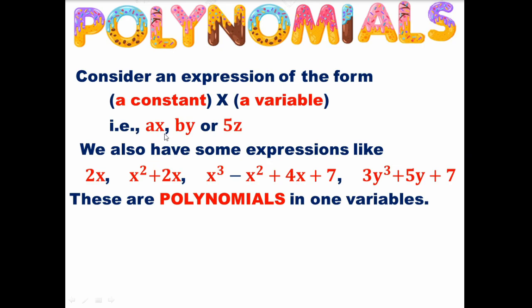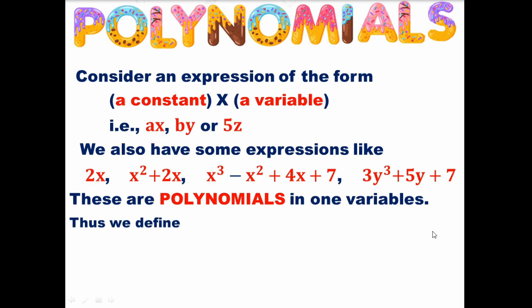Here there is only one variable, namely x. When you consider 5z, here the variable is z and no other variable, right? Okay, similarly when you consider 3y cube plus 5y plus 7, the variable here is y. So in all the cases there is only one variable. So these are called polynomials in one variable.